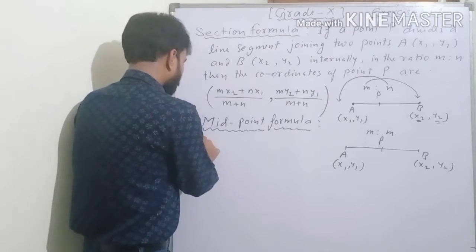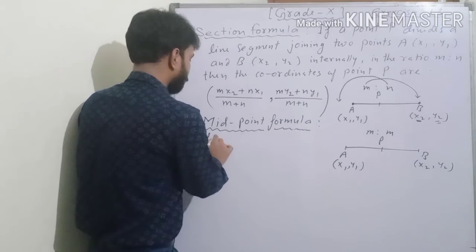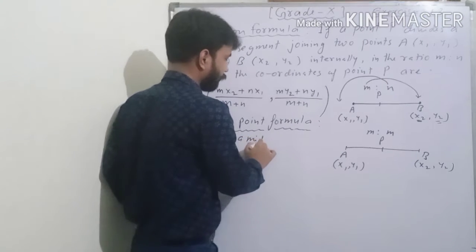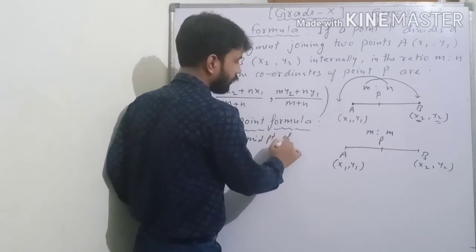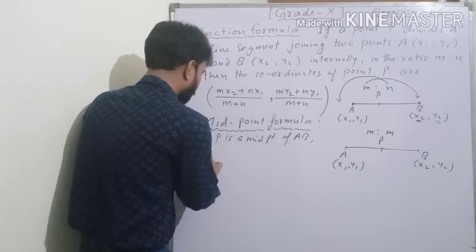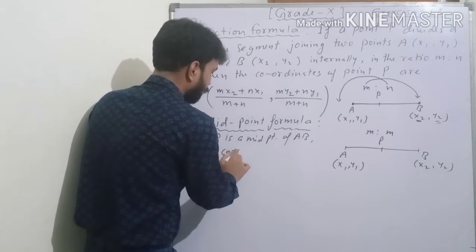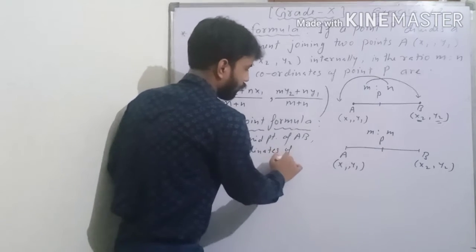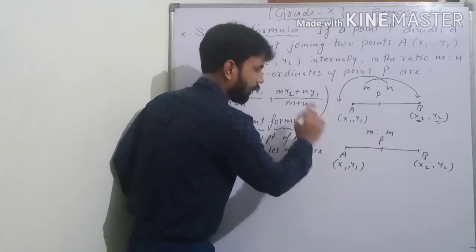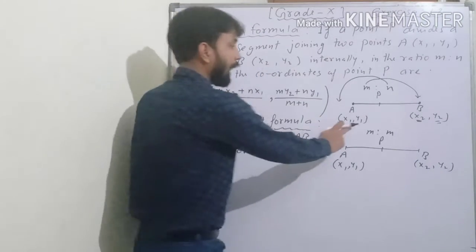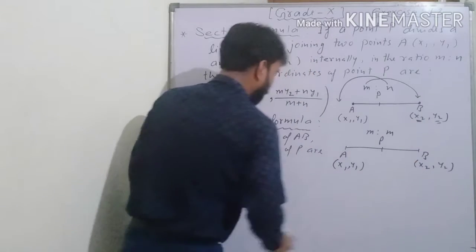See, if P is a midpoint of AB, then the coordinates of P are, we will use the section formula. What I told you: m is multiplied by the abscissa of the second point.